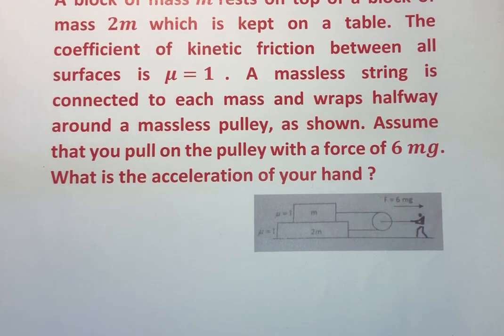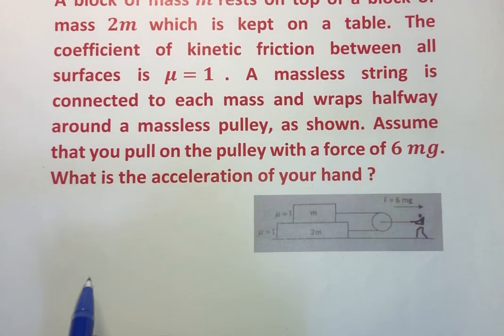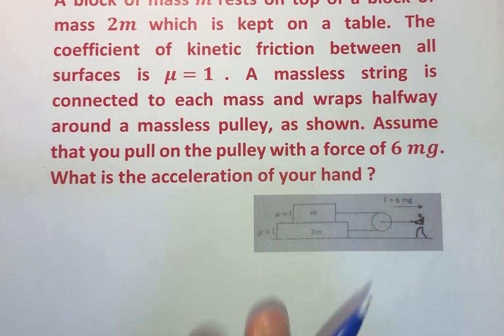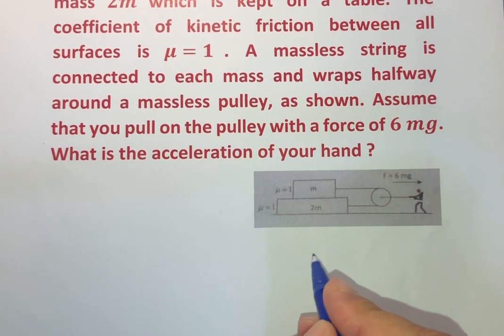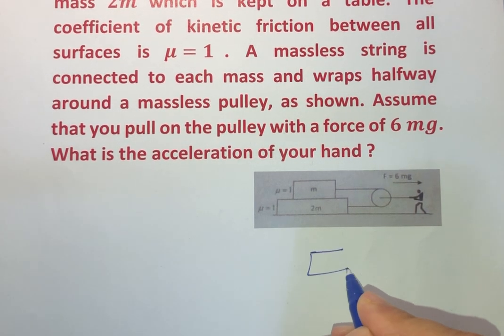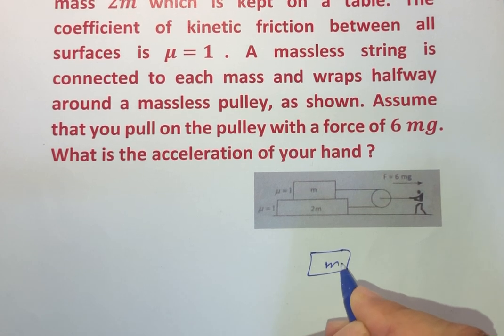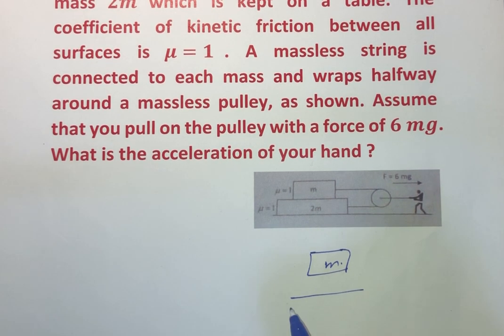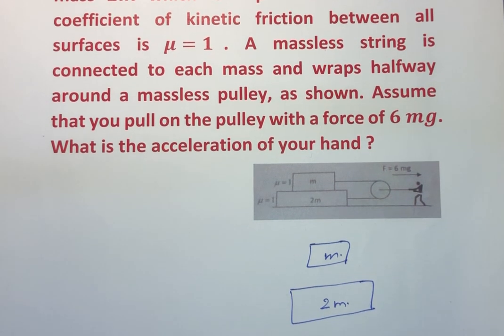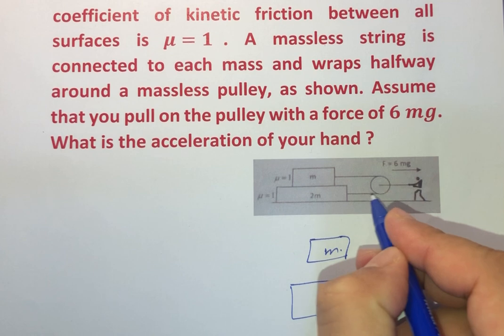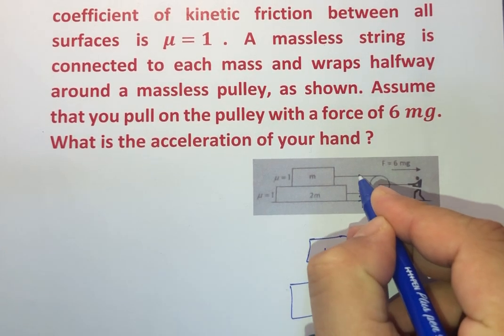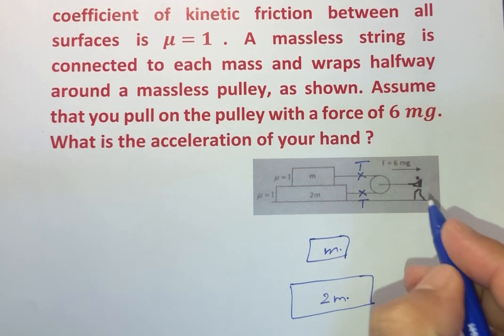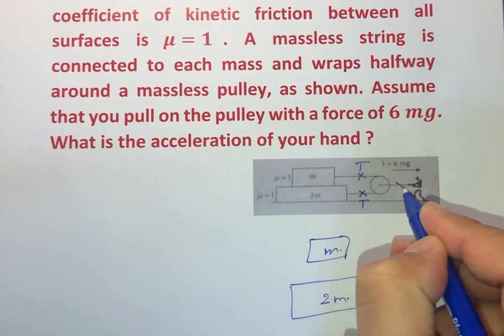Let us draw it for m. So this is our mass m and this is our mass 2m, and we assume the tension T here, and obviously this will be T, and this will be giving us 2T.